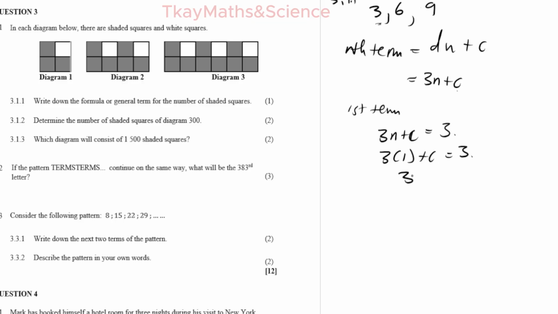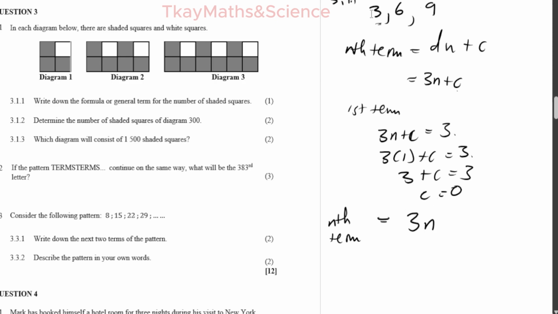Okay, so that gives us 3 plus c is equal to 3. So our c is equal to what? We take this one this side, it's going to be 3 minus 3. Our c is going to be equal to 0. So our nth term formula is going to be what? Just 3n. All right.